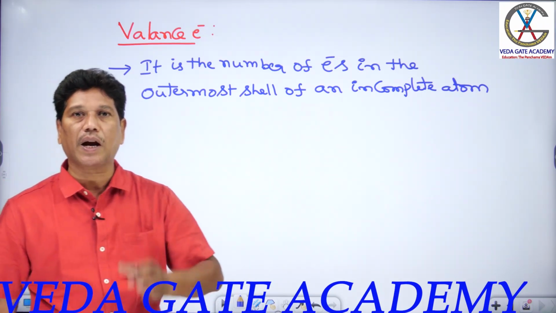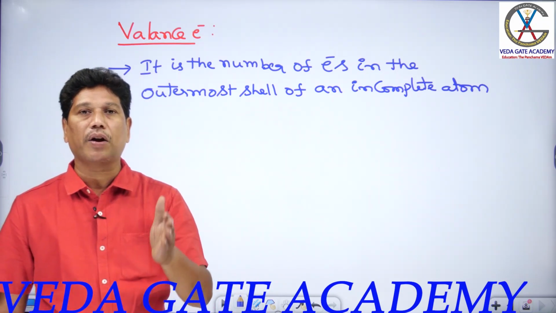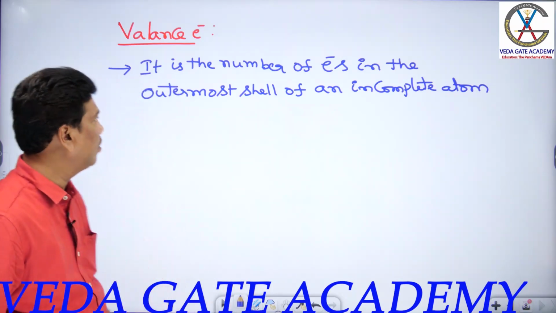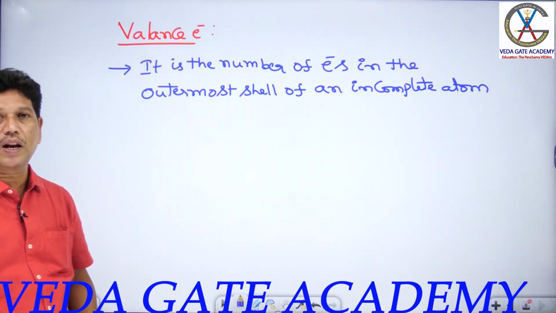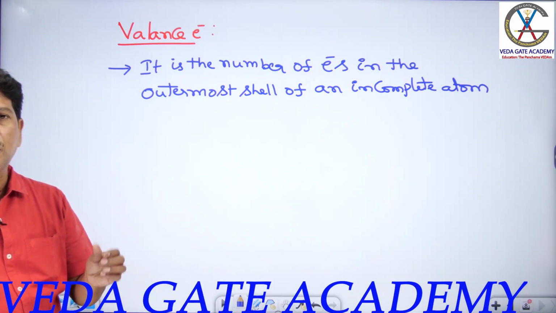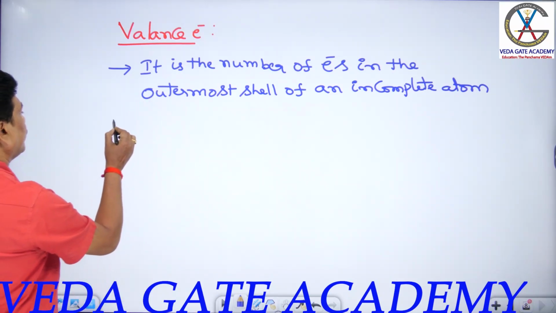I can classify the atoms mainly based on the number of valence electrons: trivalent atom, tetravalent atom, pentavalent atom. This is the main classification.